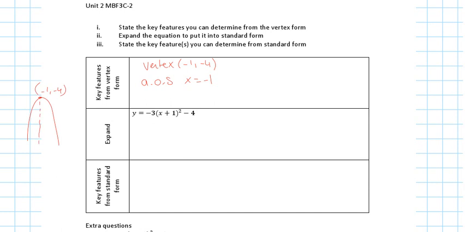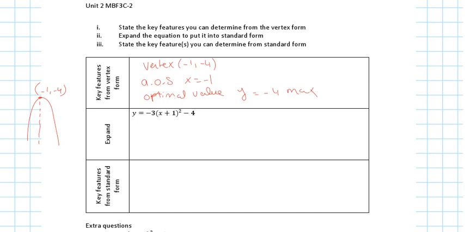What does it represent? Optimal value. Is it a min or a max? That's right. All right, perfect. So from the vertex form, I was able to find my vertex, which represents my axis of symmetry and the optimal value.